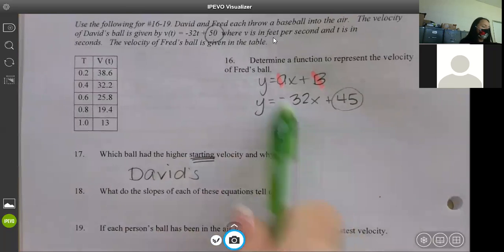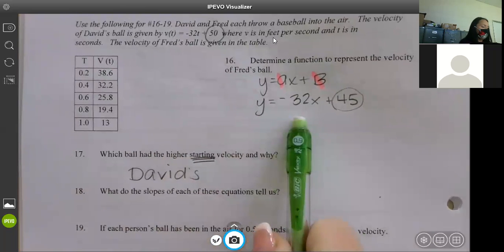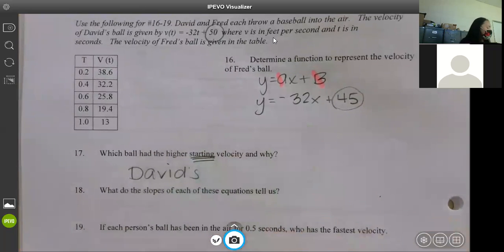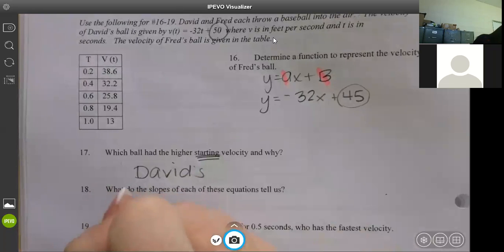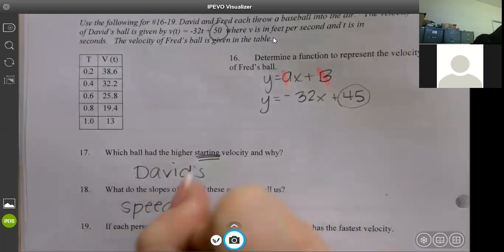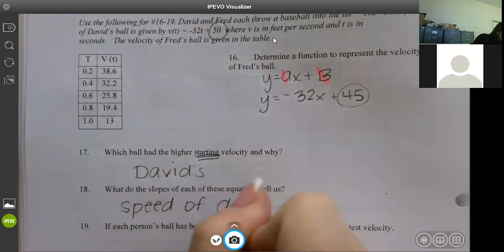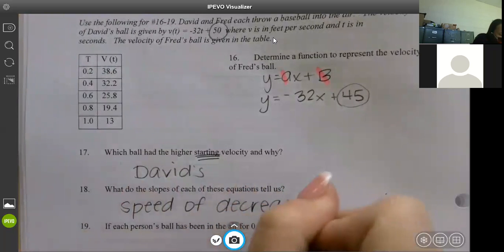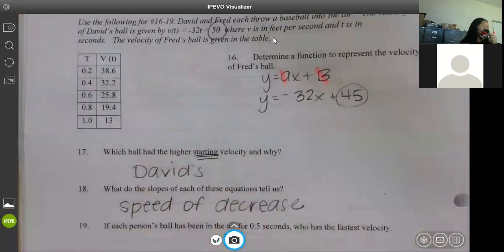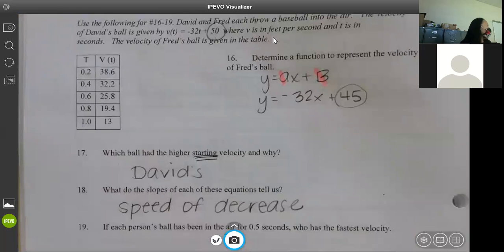What's happening? They're both the same, right? How fast the ball flies. And we can say speed of decrease is what I'm gonna go. How fast each is falling is perfectly fine. And the reason that's good is because you said fall, so you know it's going down. Okay.